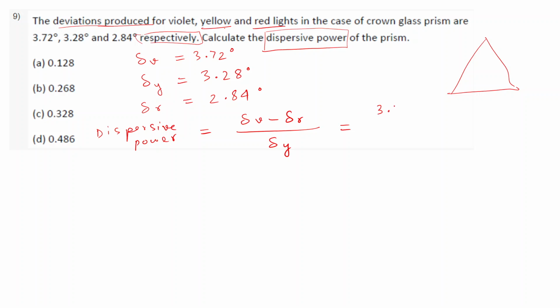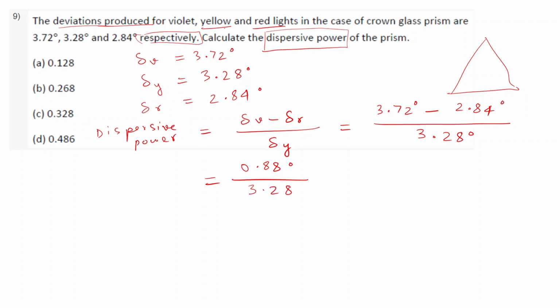Delta V is 3.72 degrees minus 2.84 degrees, the deviation for red light, and in the denominator we have the deviation for yellow light, which is 3.28 degrees. So the numerator becomes 3.72 minus 2.84, which is 0.88 degrees, divided by 3.28.